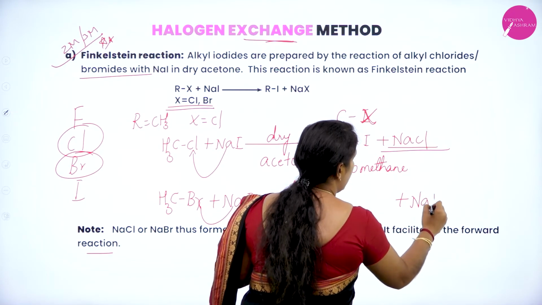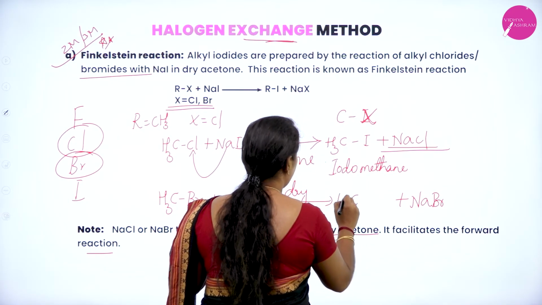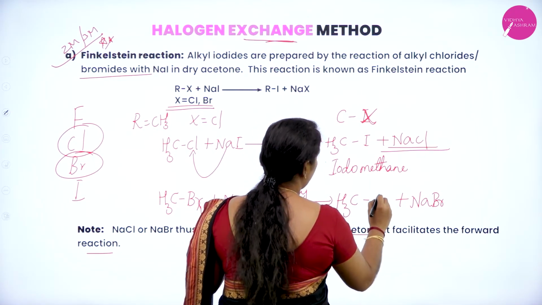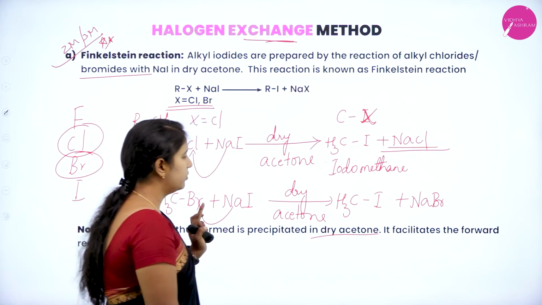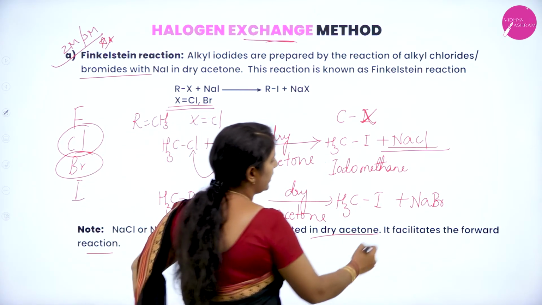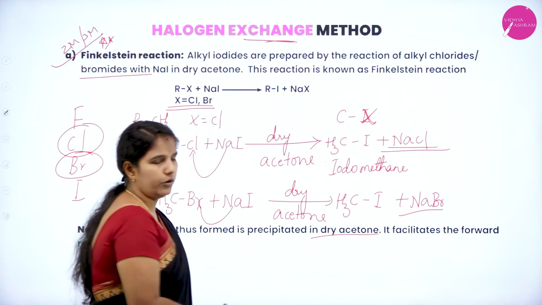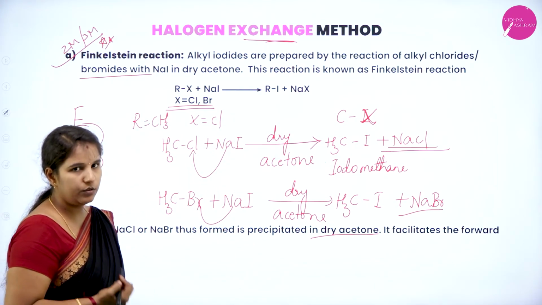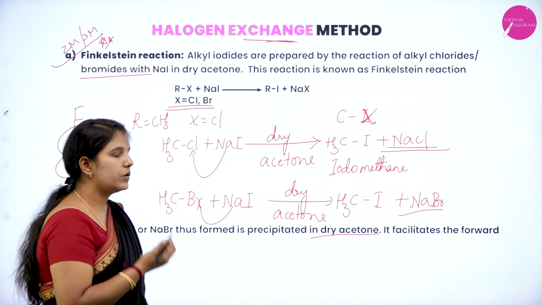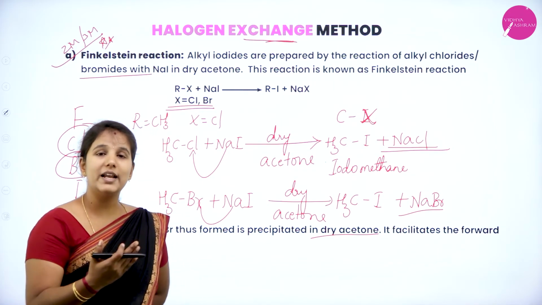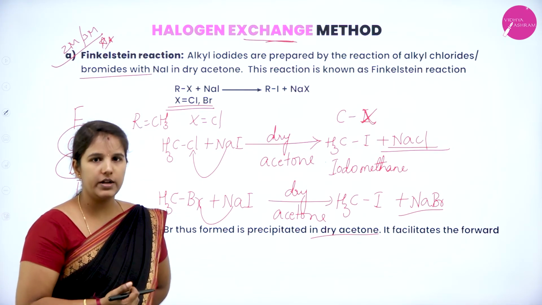So NaBr and CH3I, again iodomethane. NaBr and sodium chloride both can be precipitated during the reaction in presence of dry acetone, which facilitates the reaction to go in the forward direction.